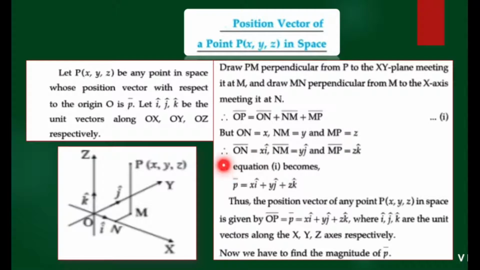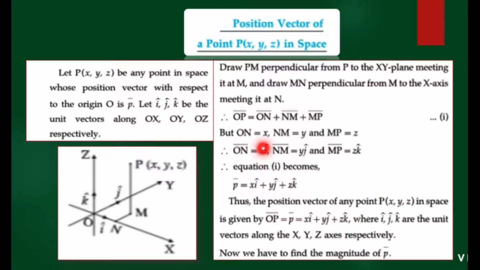But ON equals x, this point N is at a distance x, this point M is at a distance y from the x-axis, and this point P is at a distance z from the xy plane.